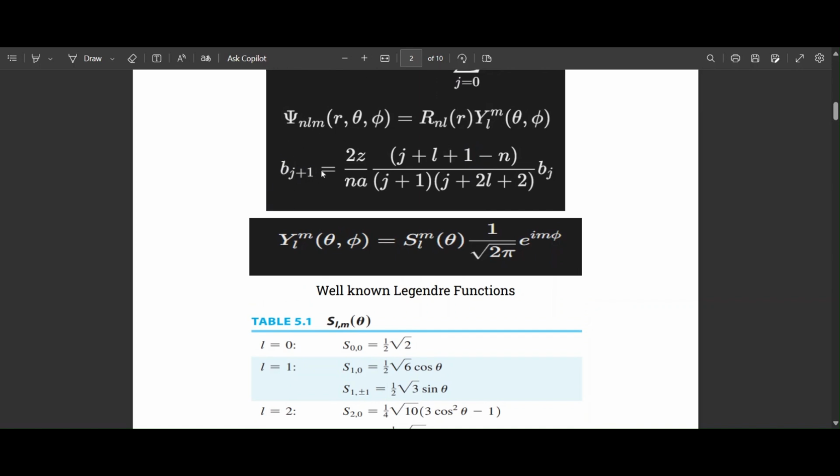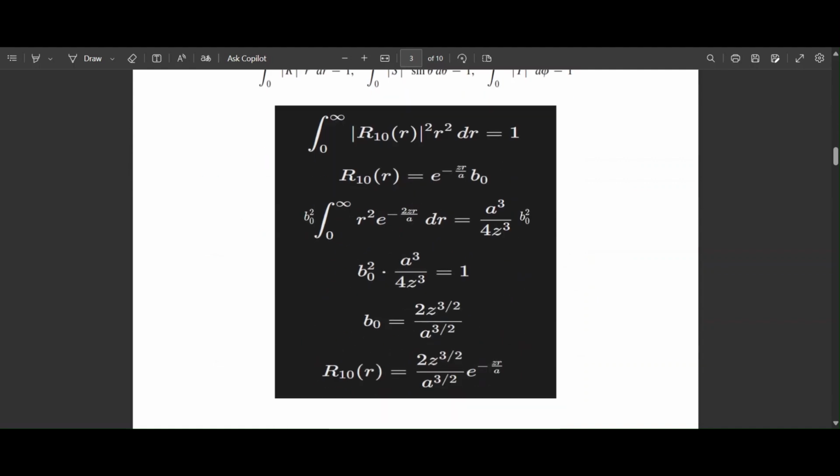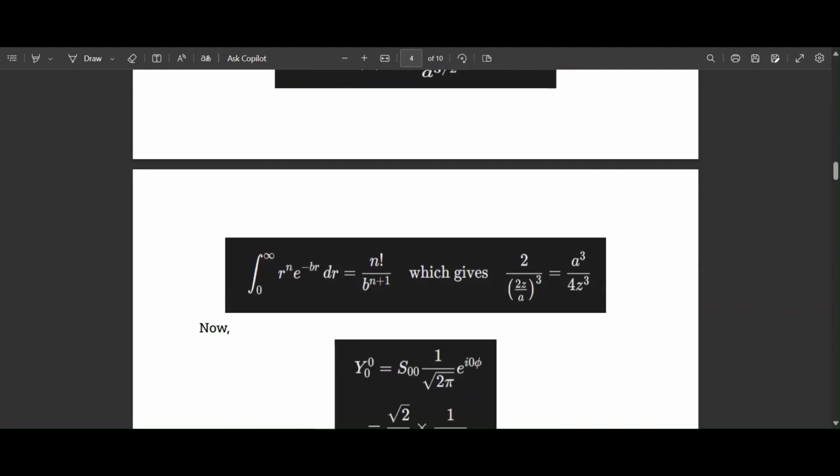For example, you have to calculate b1, it will be from b0, so you can put j, then you can get b1. In case you have to calculate b2, you have to calculate b1 first, because b1 gives b2. So you can put the value of b1 here, and from here the value of b2 will come. Put the respective values of j for further calculation. Okay, so I hope you understood this much.